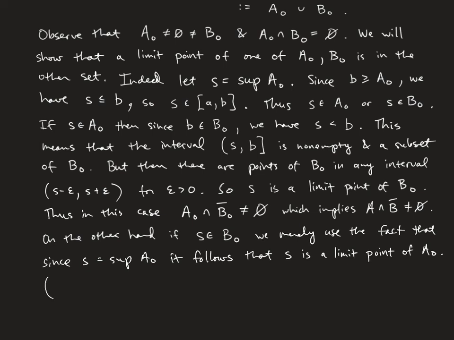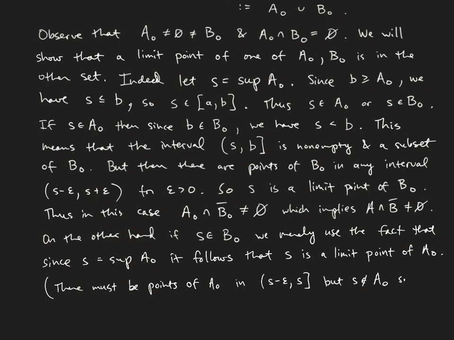So maybe just to elaborate on that, if we take S minus epsilon up to S, there must be points of A naught in that interval, but S is not in A naught.